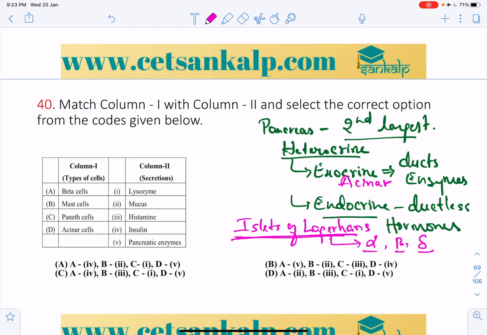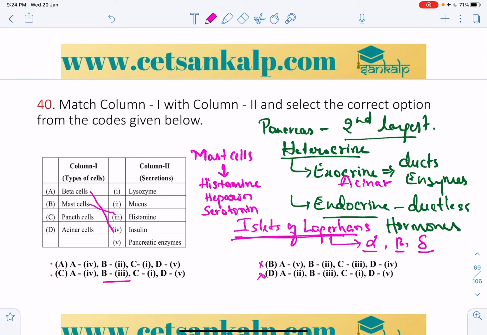Beta cells produce insulin, that is A4. Next, mast cells, generally present associated with connective tissue, which produce histamine along with serotonin and heparin. So histamine produced by mast cells is B3.